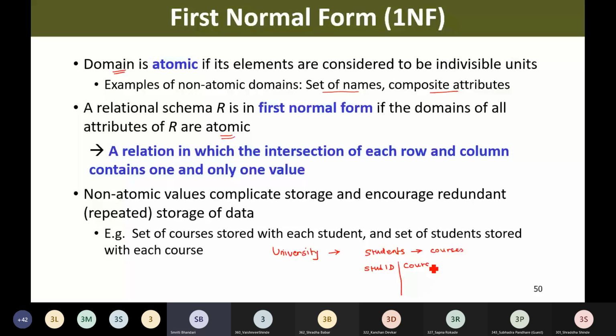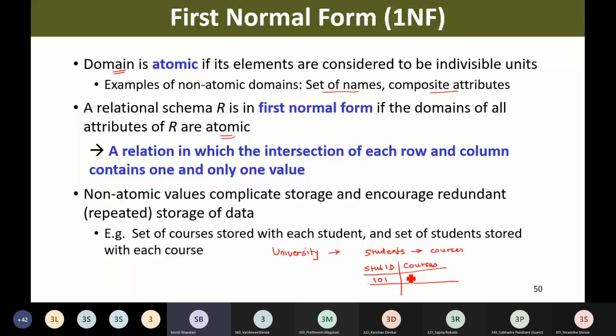If I follow this strategy to store the data, then how am I storing this data? I am having a separate column to store student ID, and one column wherein I will be storing all 3 courses together in the form of a set.